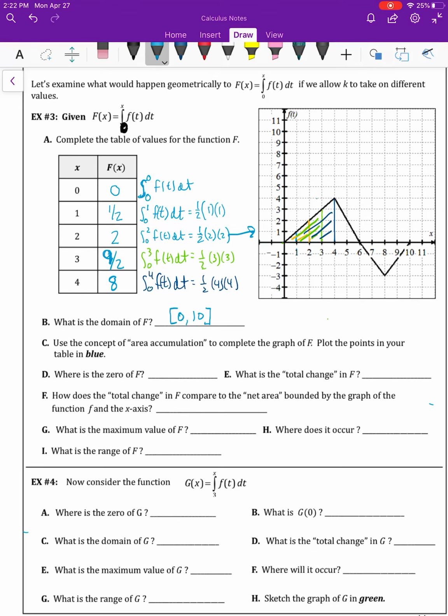So I do have blue on right now, and they want me to plot the points (0, 0), (1, 1/2), which is kind of hard to see there, but I think you can see it, (2, 2), (3, 4.5), (4, 8).